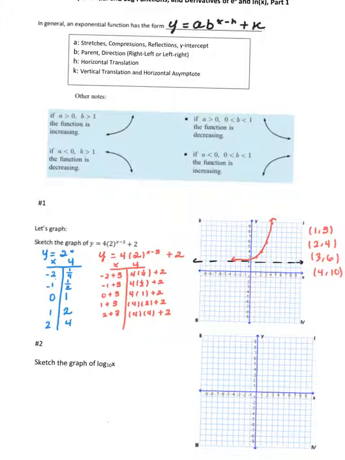Now, we talked about this concept of limits and the idea that limits are essentially your horizontal asymptotes. So if you were to find the limit of this function as x approaches negative infinity, because your x values are going towards negative infinity, looking at the direction of the graph, the limit would be 2. Okay.